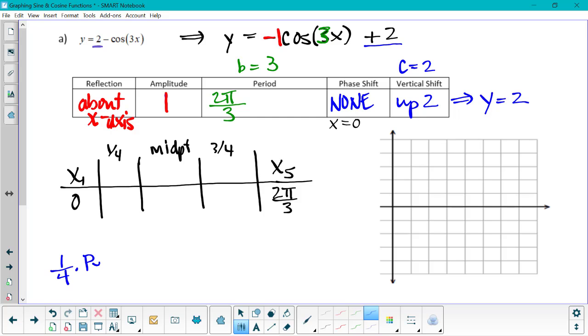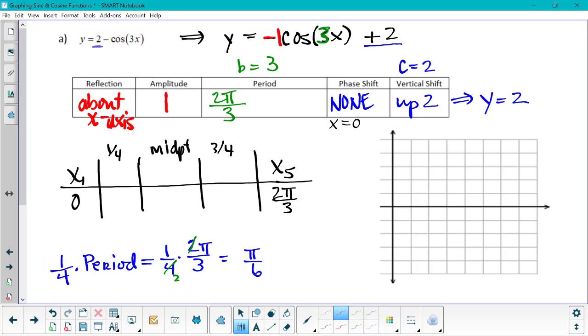So divide the period into 4 equal parts and then add that consecutively. What is 1/4 of 2 pi over 3? Well, I can divide out the 2, so that becomes pi over 6. So each of my 4 sections is pi over 6 units.